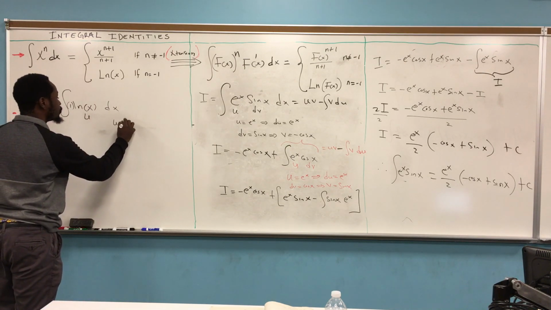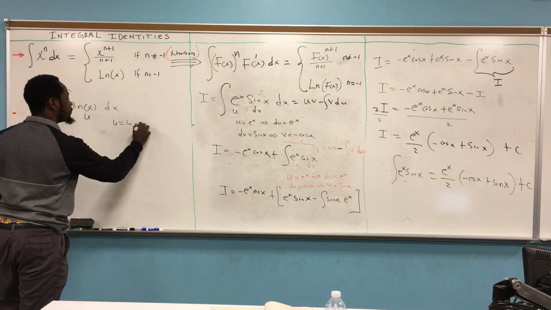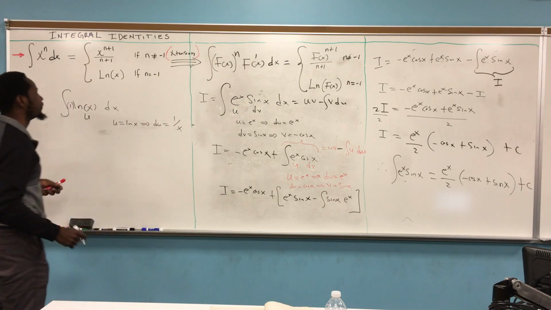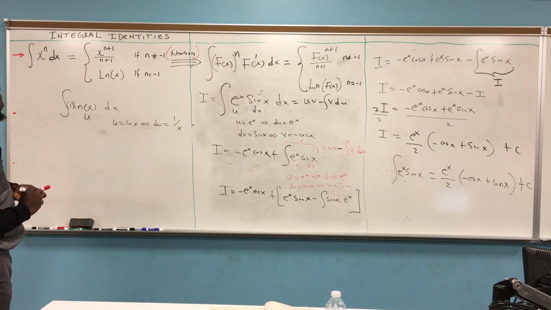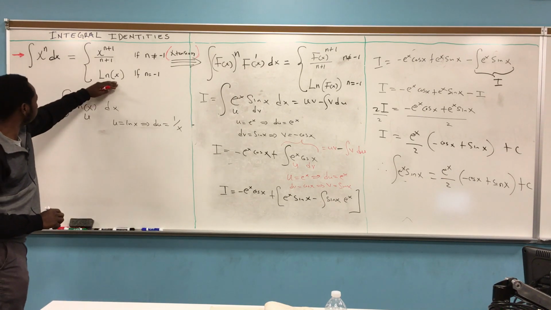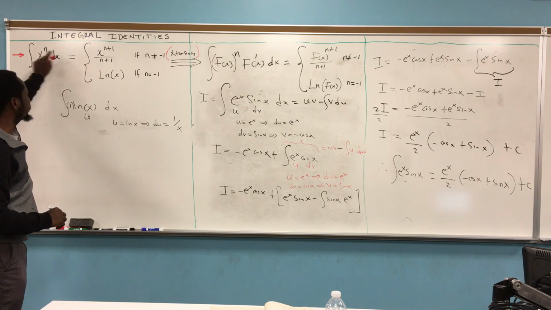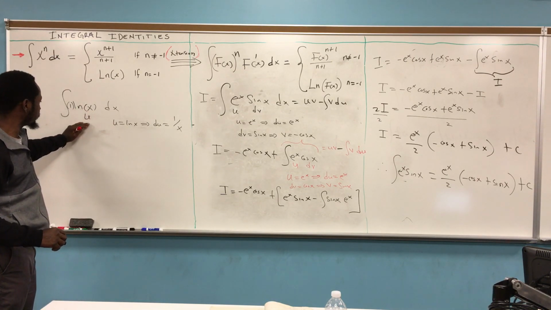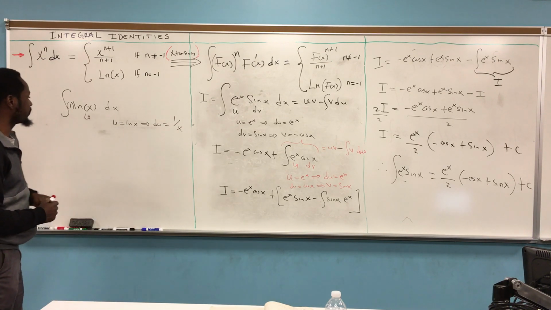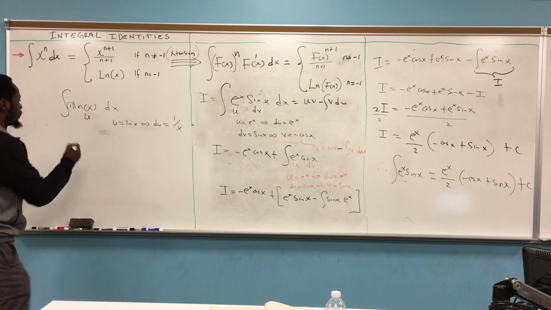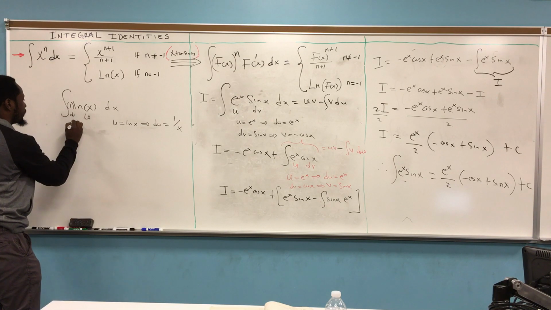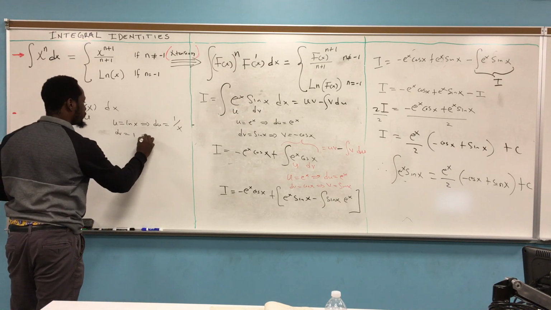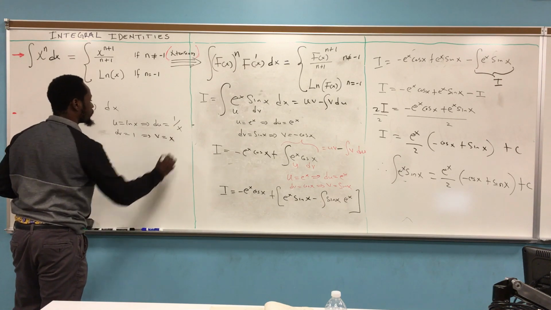So if this is u, natural log of x, it implies that du is 1 over x. Derivative of this is x to the negative 1. So I took the derivative and I got 1 over x, right? And if this is dv, which is 1, it implies that v is x, right?